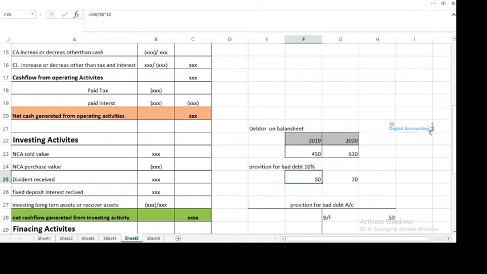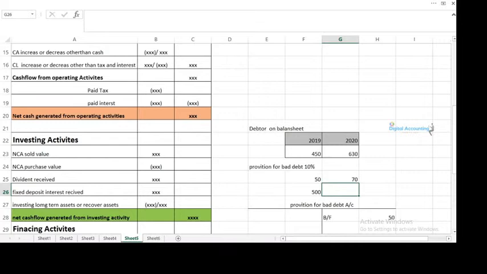How much? 450 and 50, 500 here, right? So in lump sum, if I add back this 50, you will get 500. So here the provision is also deducted. So if you compare the changes from the two years, you cannot compare net value, right? Only take the full amount before deducting the amount. So therefore we need to add back that provision for the working capital changes. This is only for this, right?